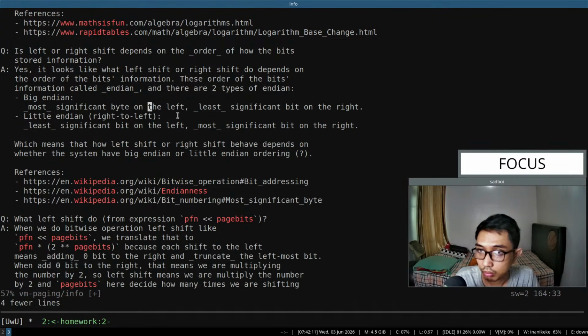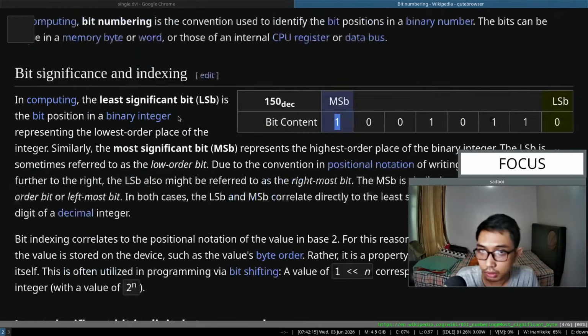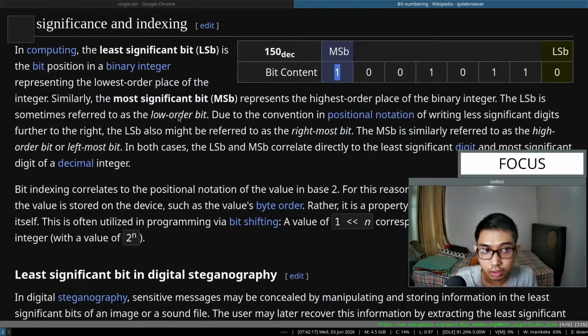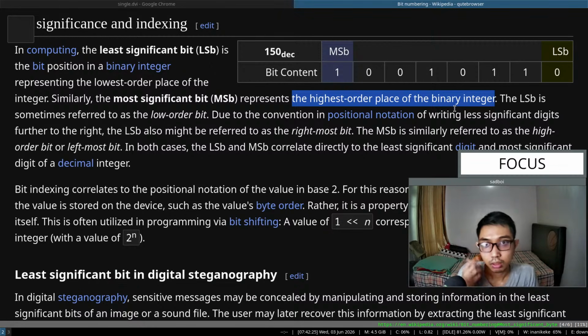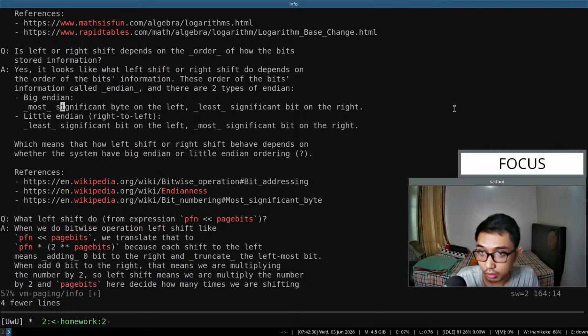So maybe, and what is most significant? The highest order place of the binary integer. So most significant byte is, well, according to CPRPNK here, the byte at lower memory address.